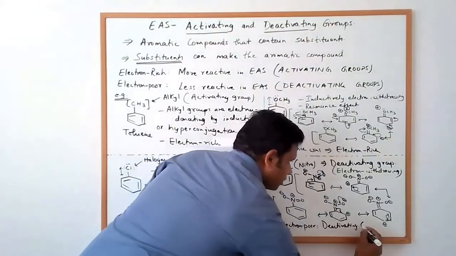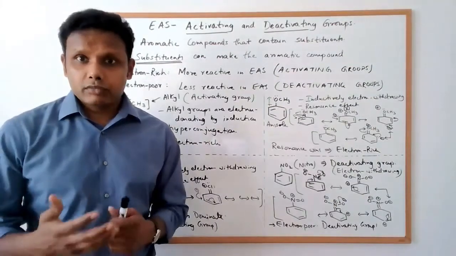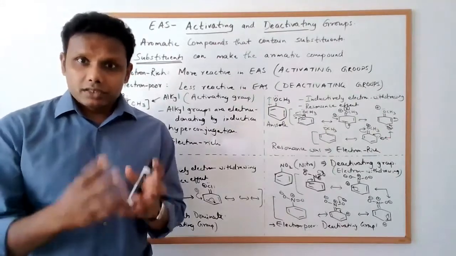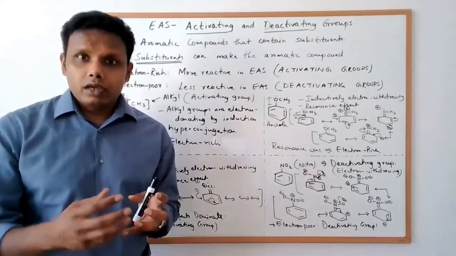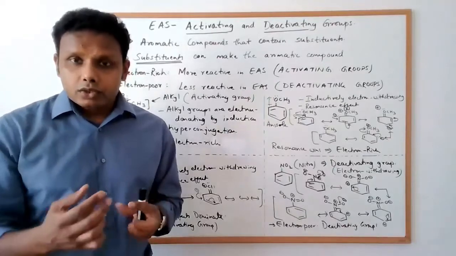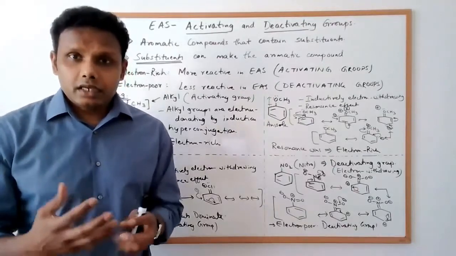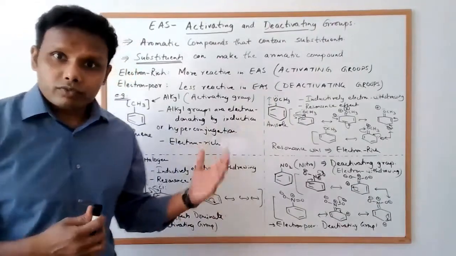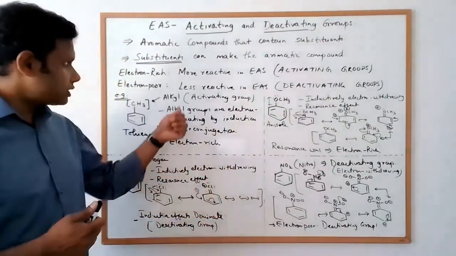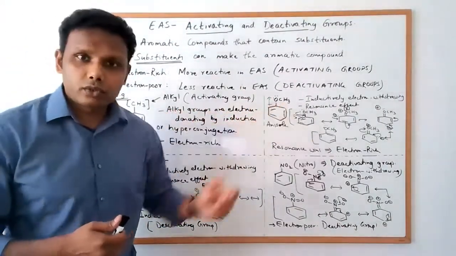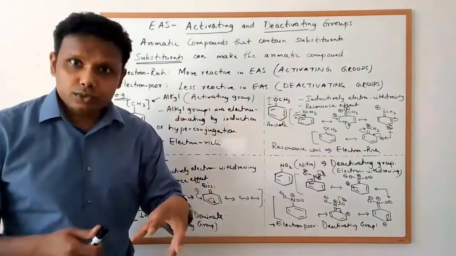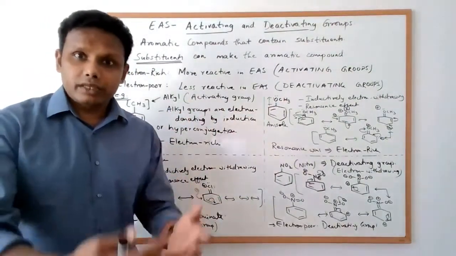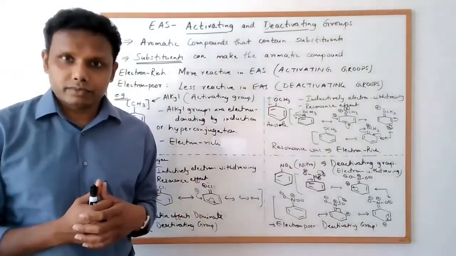So going back to the mechanism of these reactions, the electrophilic aromatic substitutions, the benzene ring or the aromatic ring acts as a nucleophile. So the amount of electron density in that aromatic ring is a very crucial factor. And what we see here is we have some groups like alkyl groups and methoxy groups that add to the electron density of the aromatic ring, and hence they activate the ring towards an electrophilic aromatic substitution.